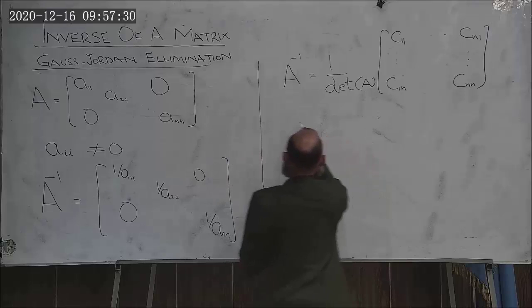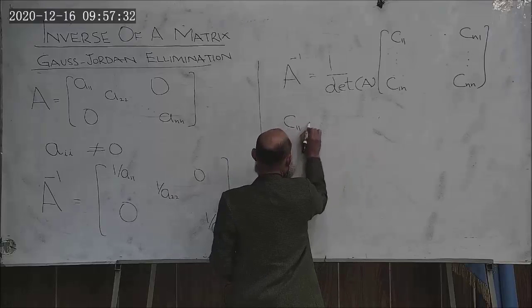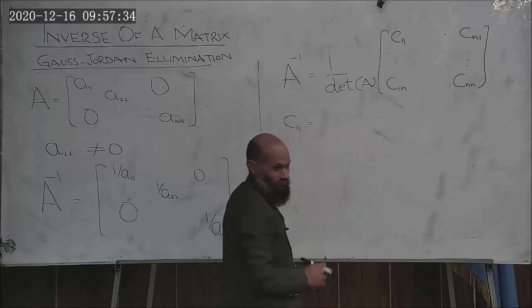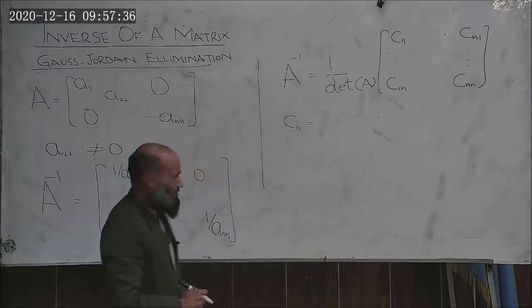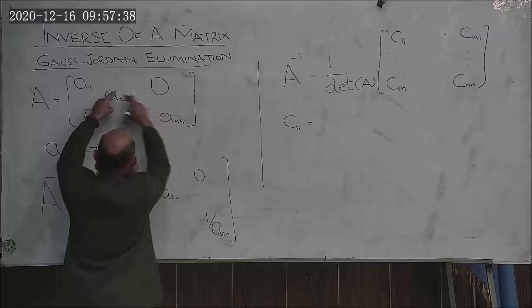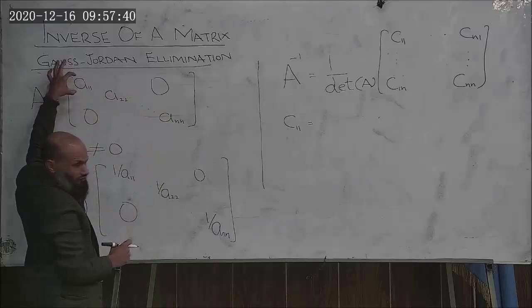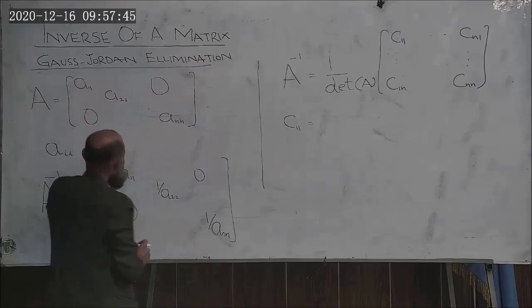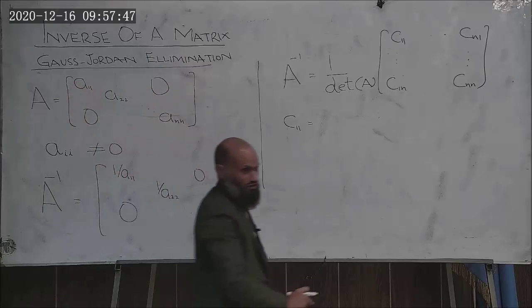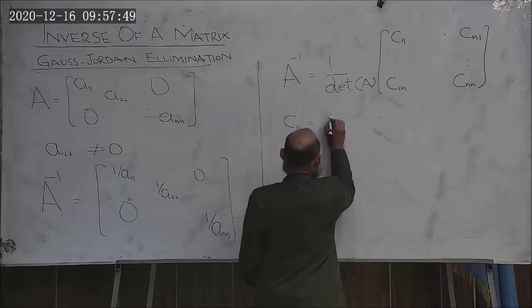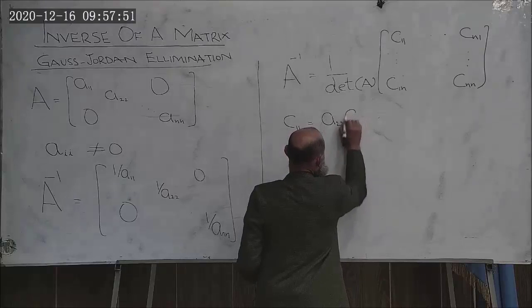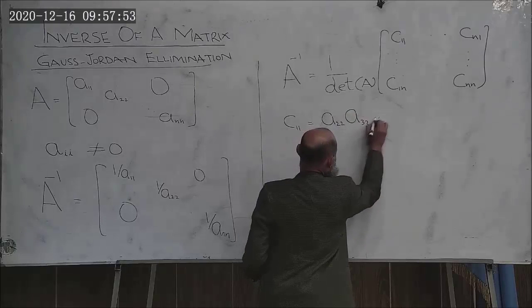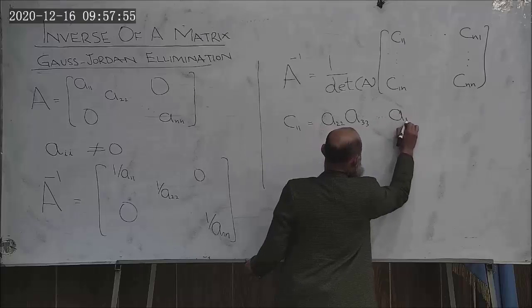And what is C11? C11 is obtained by determinant of a matrix, which is obtained by omitting first row and first column. So what is that? A22, A33 multiplied by ANN.